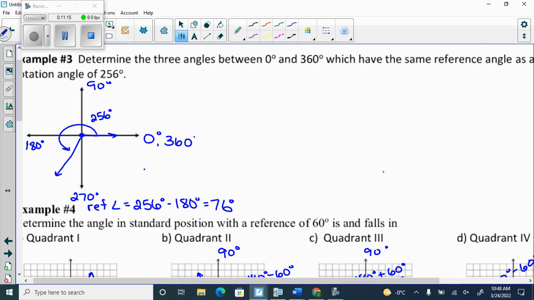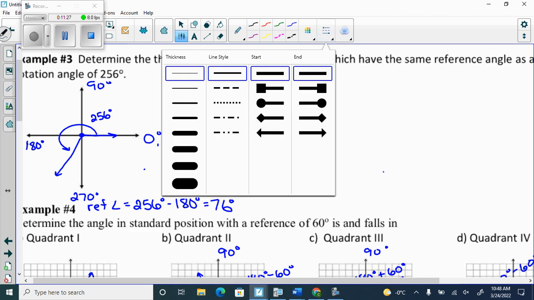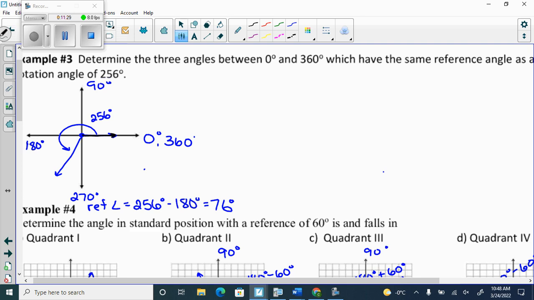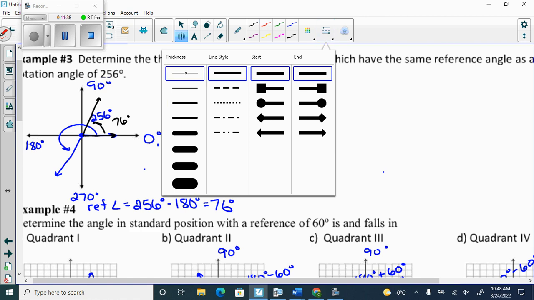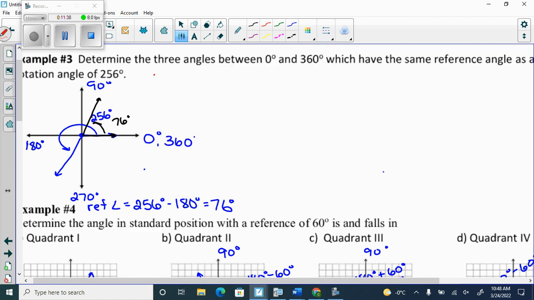Thanks, all you helpful helpers. Okay, so we get 76. Now we have to go to every quadrant and find out what angle we would get with the reference angle of 76. So in quadrant 1, what would we get? 76, that's the easy one. In quadrant 2, if we drew the reference angle of 76, it's going to be close to the y-axis.